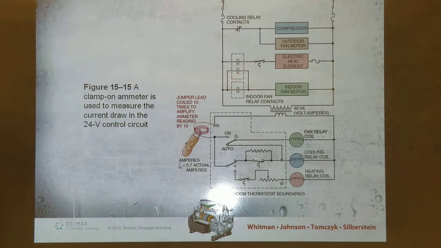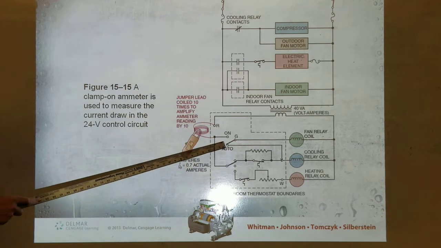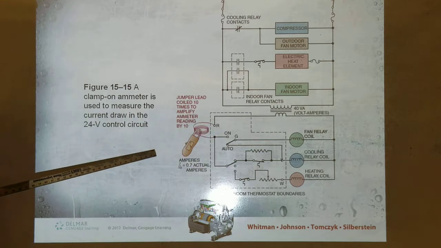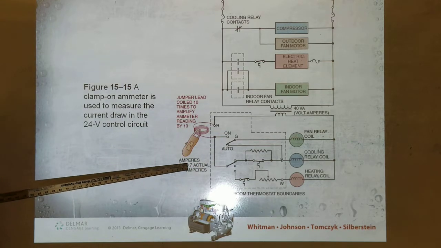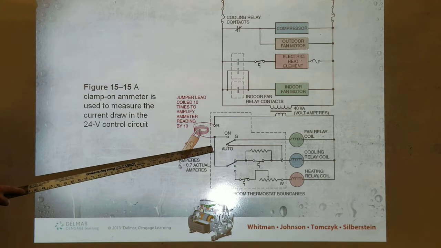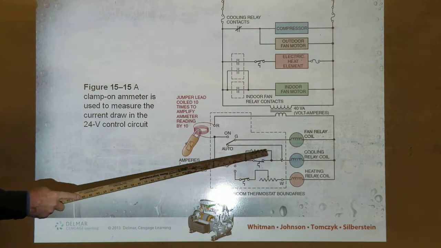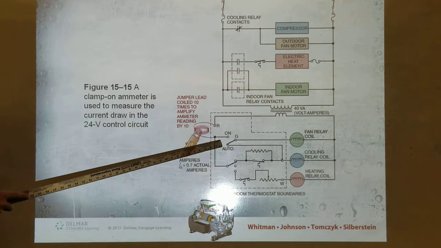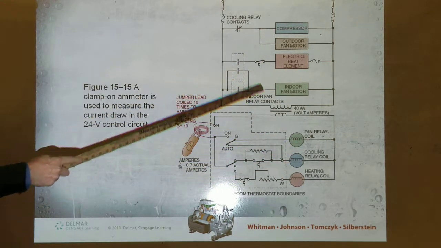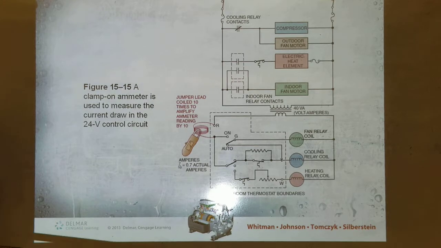Okay, so what they're showing right here is how to hook up that loop, pin, wrap coil between the R and the rest of the control circuit. And so they're right on the red wire, and they're just checking the amp draw of each component as they turn the components on.